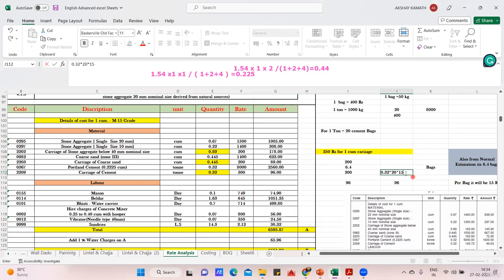How many bags do I have? 20 bags per ton, and I have 0.32 tons. If you do this multiplication, you get the total cost. It comes out to be 96 rupees. So 96 is what you're supposed to get. So in the rate part, for 1 ton, 20 bags will come, and for one bag, what will be the carriage charge?